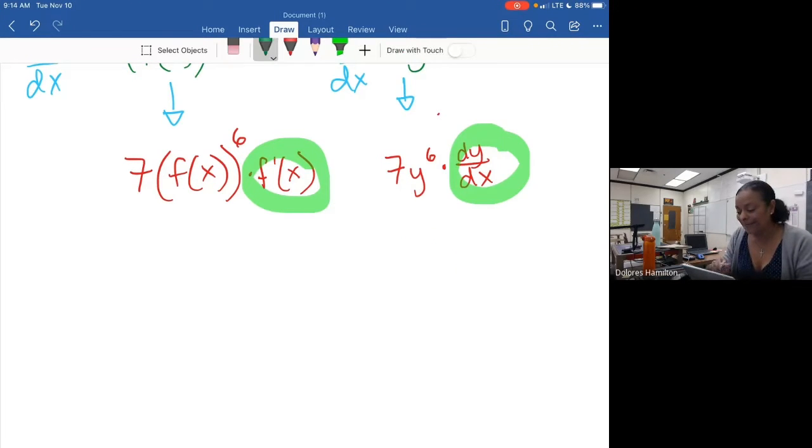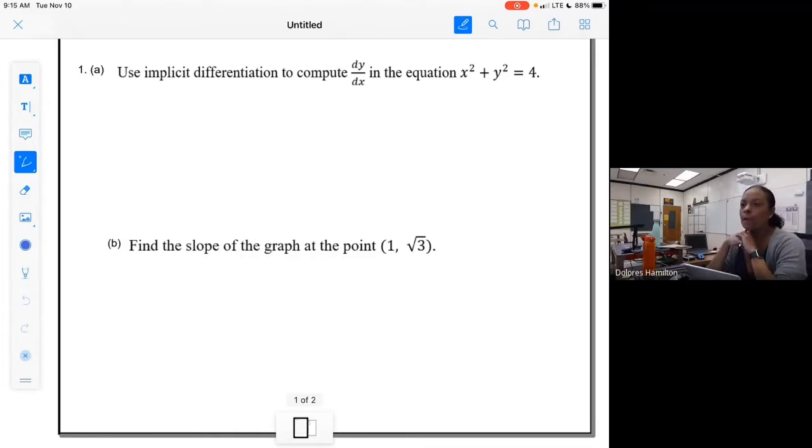So let's see what this looks like in an equation. For question 1, they're asking us to implicitly compute dy/dx. That just means find the slope, find the derivative of the equation x squared plus y squared equals 4. We know that's a circle. I am deriving with respect to x. The derivative of x squared is basic: it's 2x.